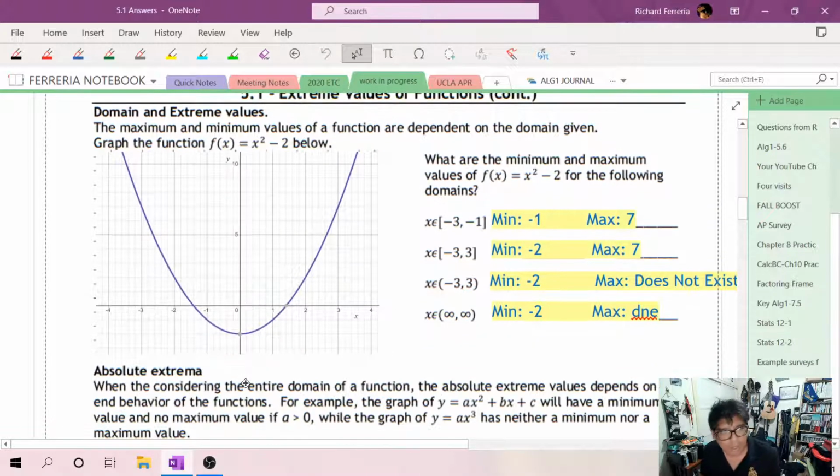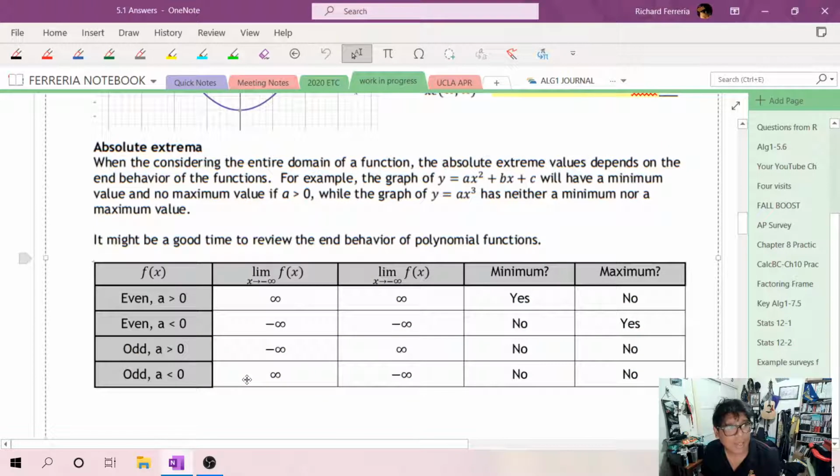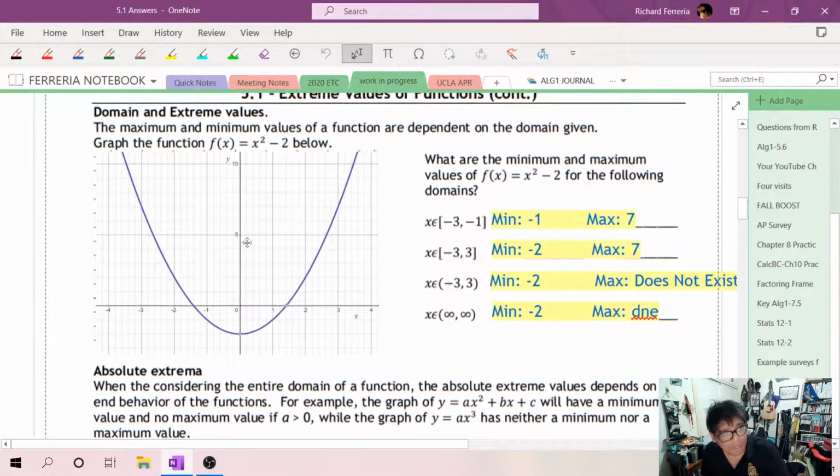So now's probably a good time for us to talk about absolute extrema. When we were looking at this previous graph, in order for us to figure out what was happening on the left and the right, if our domain was all real numbers, we had to know a little bit about the function itself.